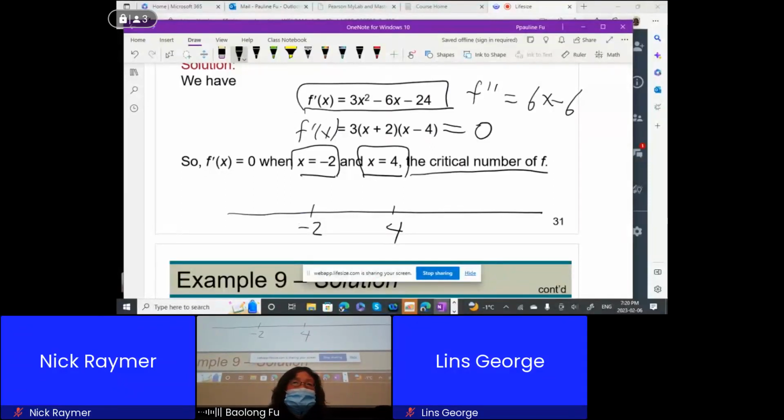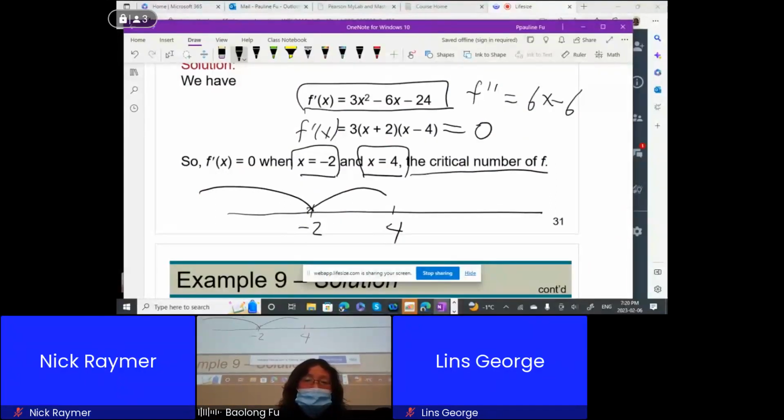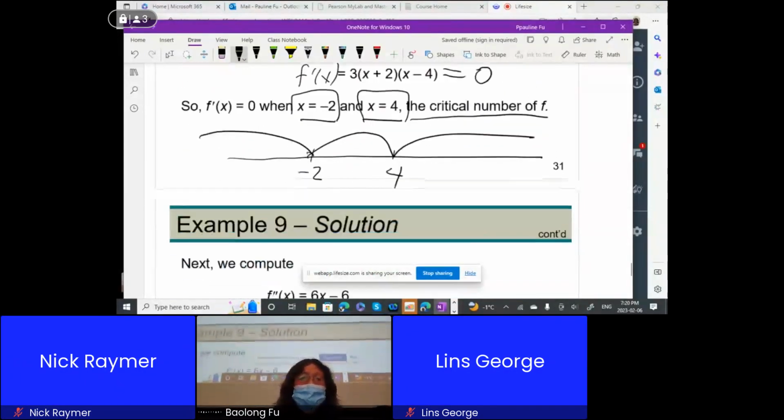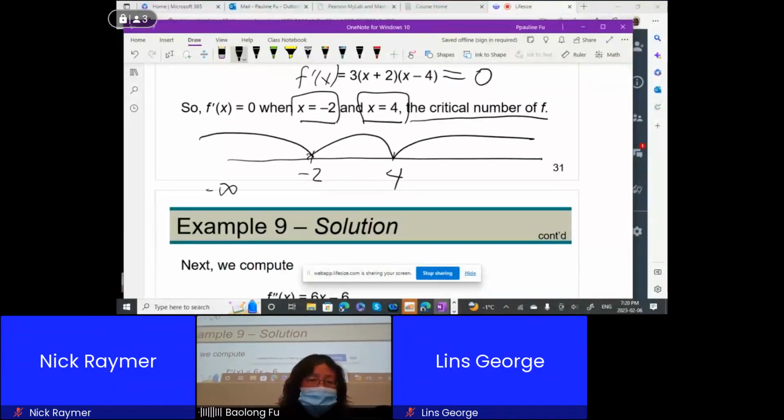As you can see, we have 3 intervals: one from -infinity to -2, one from -2 to 4, and one from 4 to positive infinity. That is the function of critical numbers: to divide the real numbers into intervals.